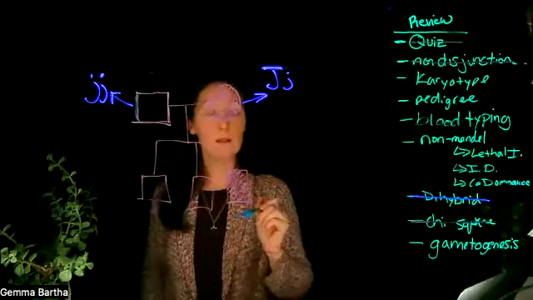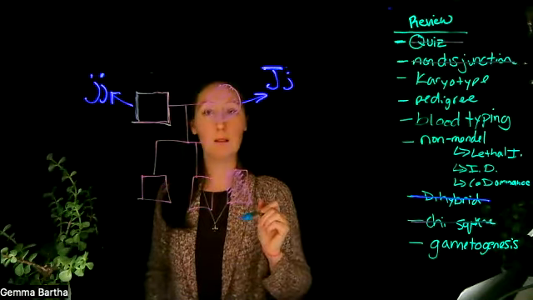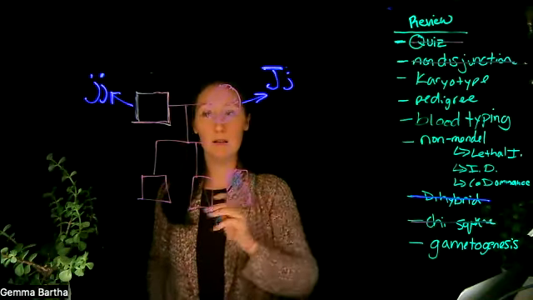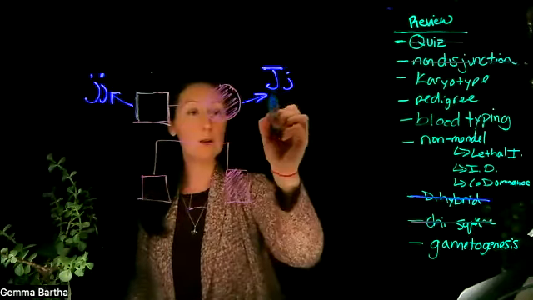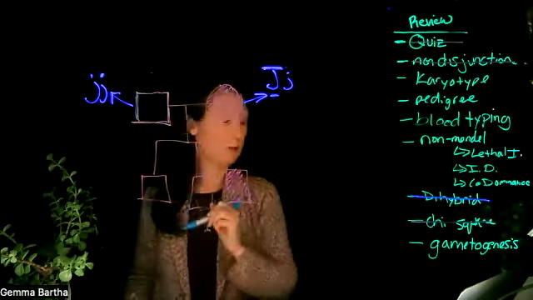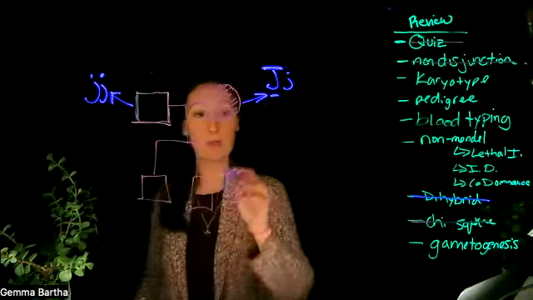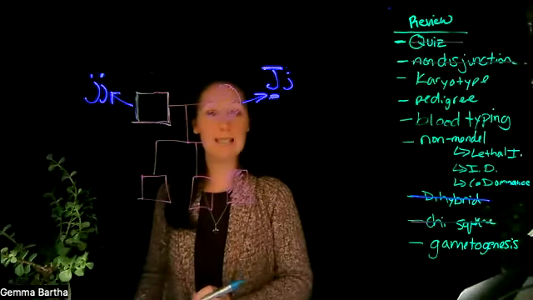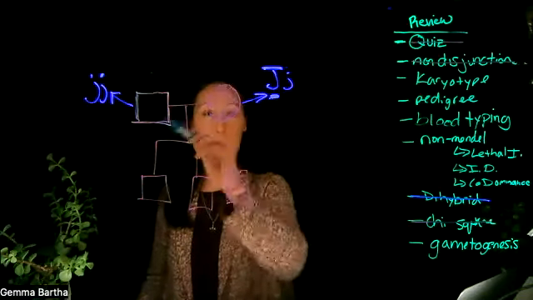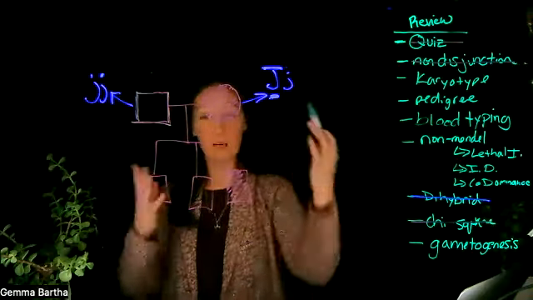We know that mom is going to be, let's say this is a dominant trait. Sweaty palms is going to be a dominant trait. We know that it has to be dominant, right? Because it's going to be brought through, and I'm also telling you.